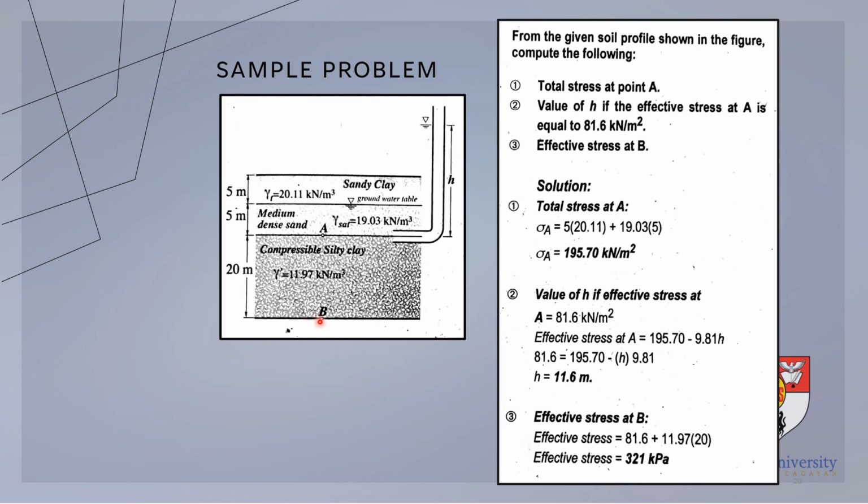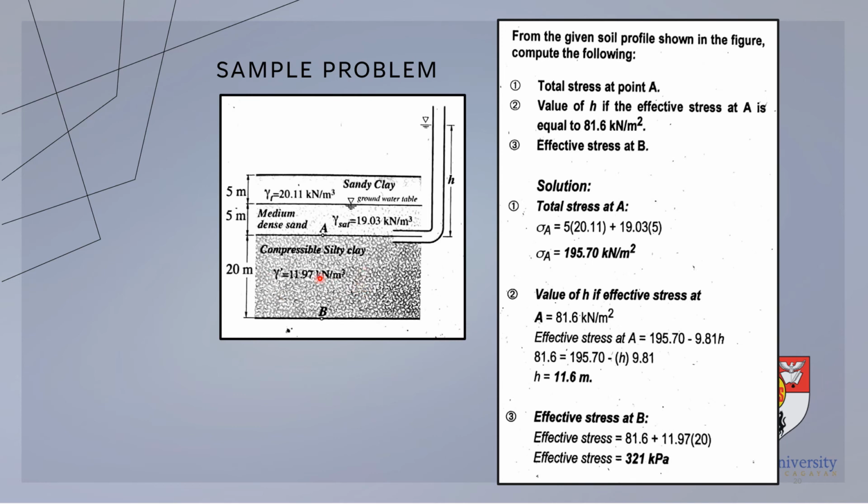this one. So that is 81.6, which is the effective stress at A, plus the given for the compressible silty clay. Ang given niya is gamma bar, which is equal na siya to gamma saturated minus gamma water, katanggi previously discussed nato na.